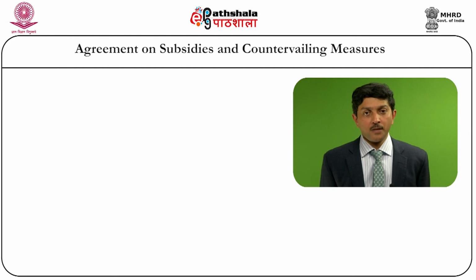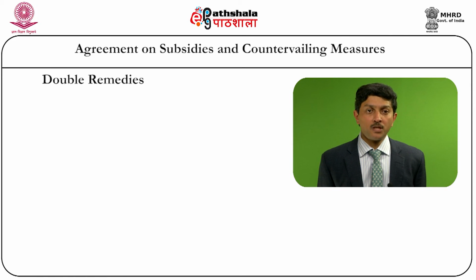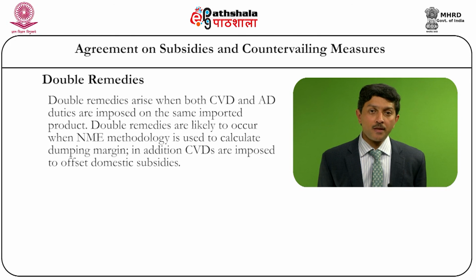In the context of anti-dumping and subsidies and countervailing measures, there is an issue of double remedies. Double remedies arise when both CVD and anti-dumping duties are imposed on the same imported product. Double remedies are likely to occur when the non-market economy methodology is used to calculate the dumping margin in an anti-dumping investigation.